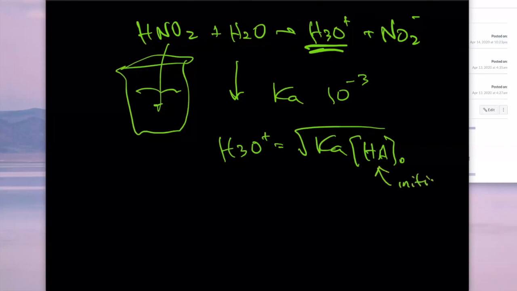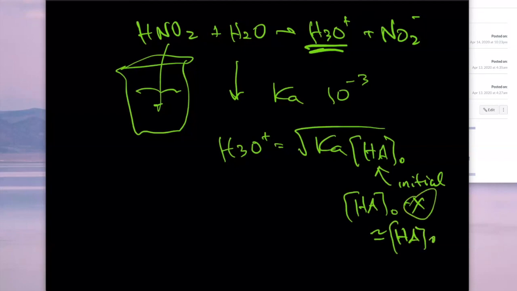And the reason why you can do this is because you're going to assume that the initial concentration of the acid minus X, because remember, it has to dissociate, is approximately equal to the initial concentration of the acid. You're going to say that X is so small, especially since you have a small Ka, that the equilibrium concentration is pretty much equal to the initial concentration. That's the key that makes this equation work.